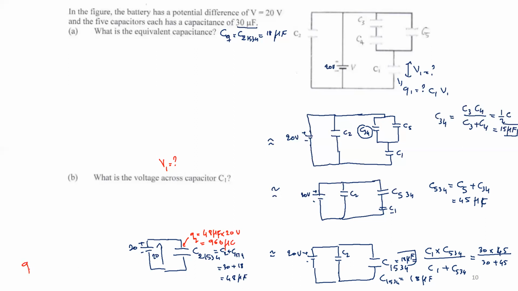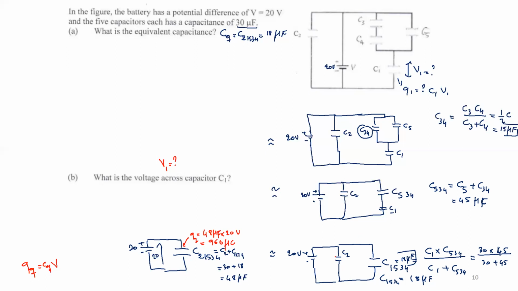Again, Q equivalent is C equivalent multiplied by the voltage. C equivalent I know, 48 microfarad multiplied by 20 volts. Microfarad times volt gives you microcoulomb, and you get 960. So that means I have 960 here.